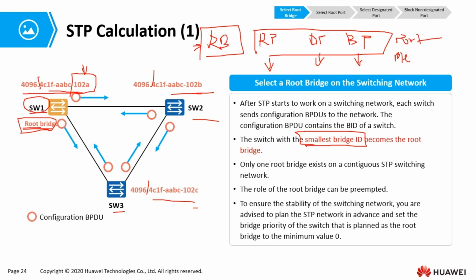Remember that on Huawei switches, the root bridge can be preempted. That is, when a switch with a smaller BID joins the network, the network will perform the STP calculation again to select the root bridge. That's why we say the root bridge can be preempted.